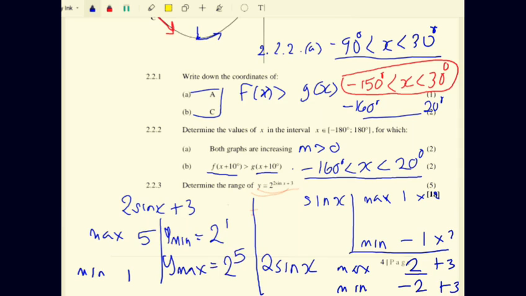So now I can see that the range of this function is 2 and 32.